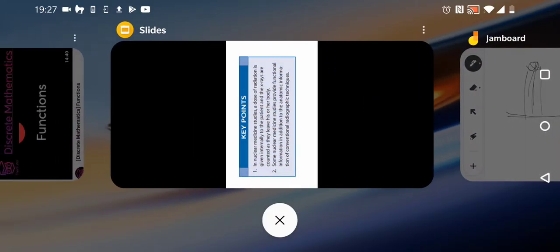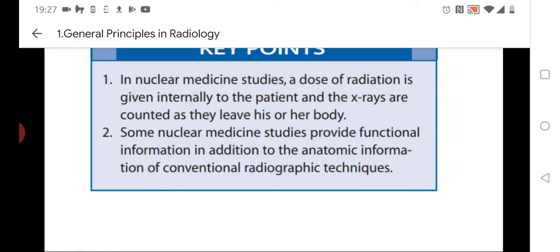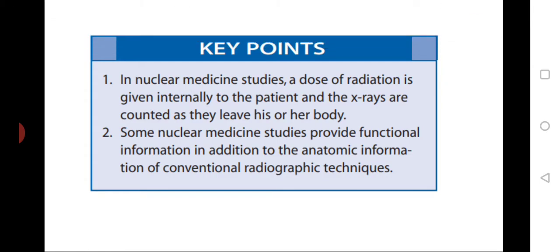Of course, it depends. So, a dose of radiation is given internally to the patient, and the X-rays are counted as they leave the body. Some nuclear medicine studies provide functional information in addition to the anatomic information. About this we'll get later. We'll get a short presentation about nuclear medicine later.